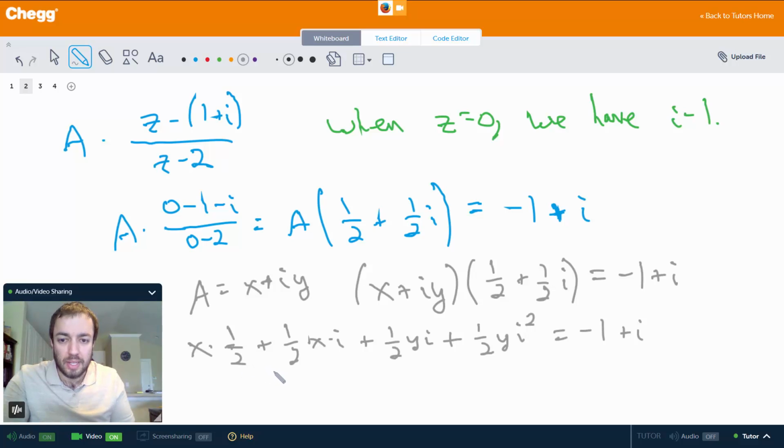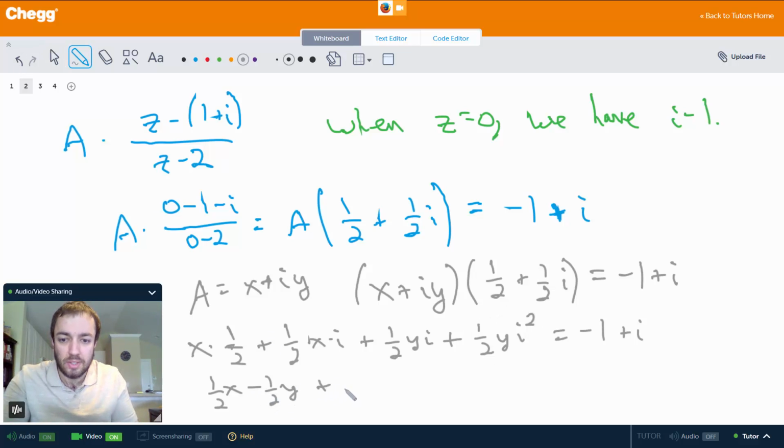So when we simplify this, let's keep the real and imaginary parts together. So i squared is -1, so for the real part we essentially have 1/2 x minus 1/2 y, that's our real part, because the i squared is -1, so plus 1/2 y times -1 becomes minus 1/2 y, so that's why we have minus 1/2 y here.